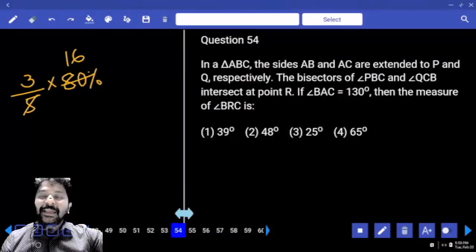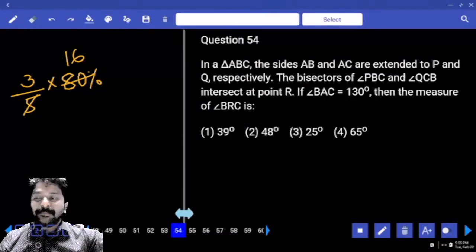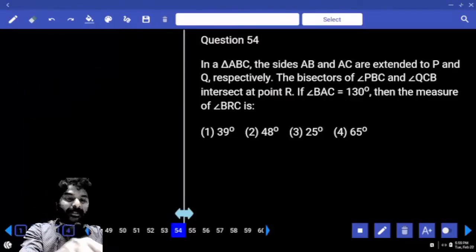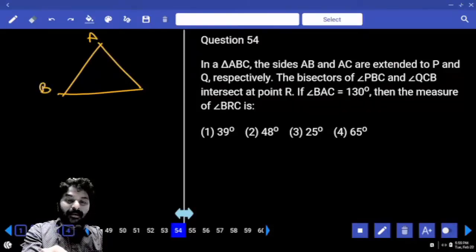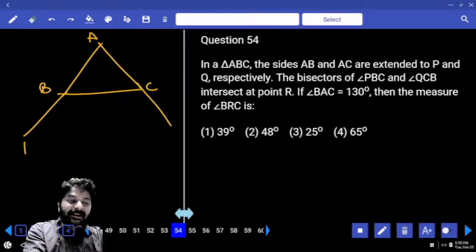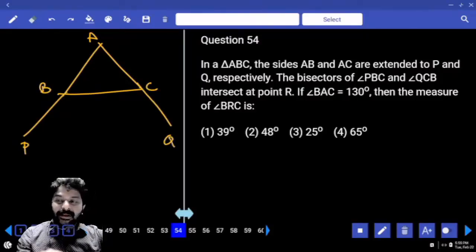Next, in a triangle ABC, the sides AB and AC are extended to P and Q respectively.